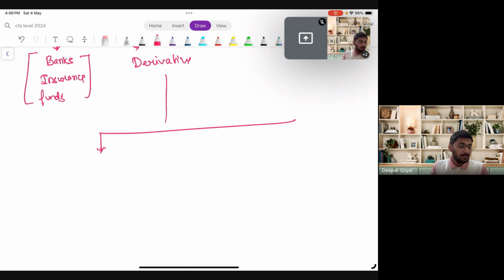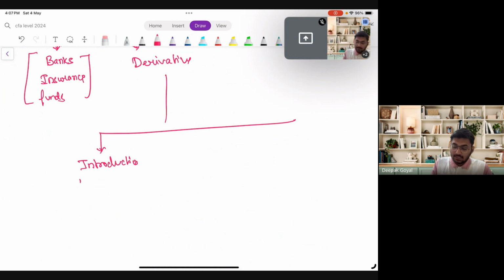Clear? That is, the first subhead is of three topics. One is where you are introducing what a derivative is. Basically, you need to know what a derivative is. FRM presumes you don't know anything. They are going to teach you everything from the basics. And what FRM is not teaching, we are teaching. Clear? Yes.